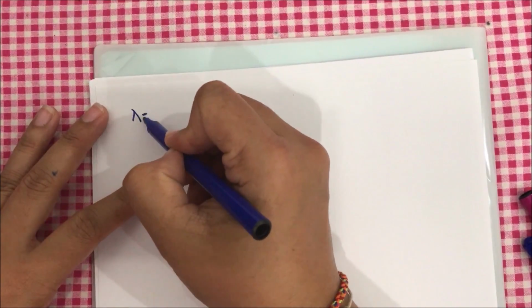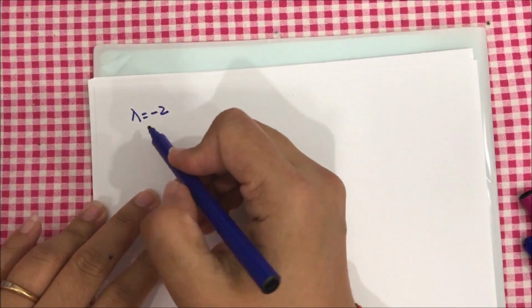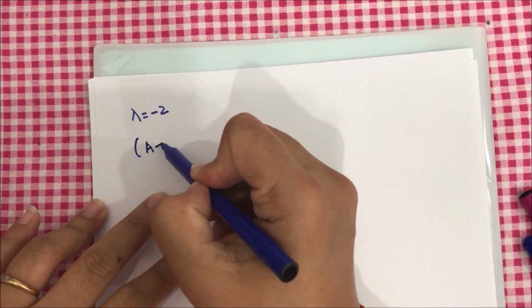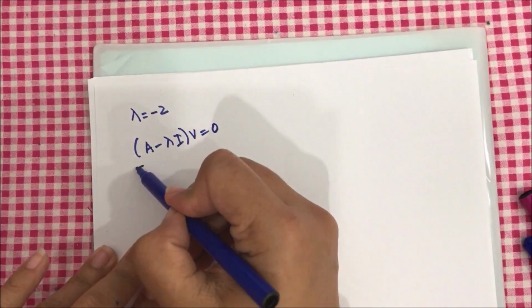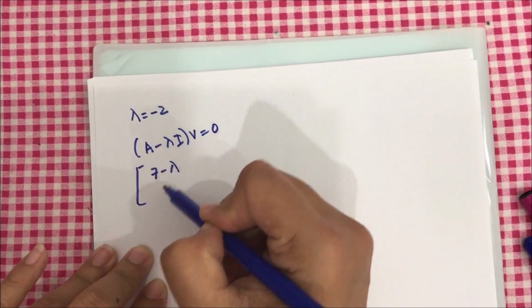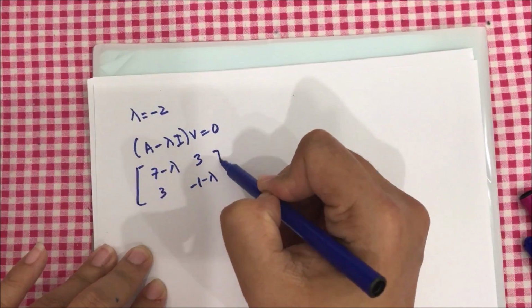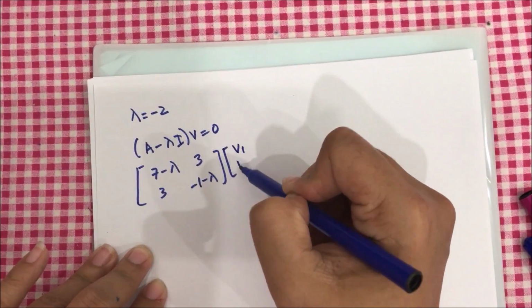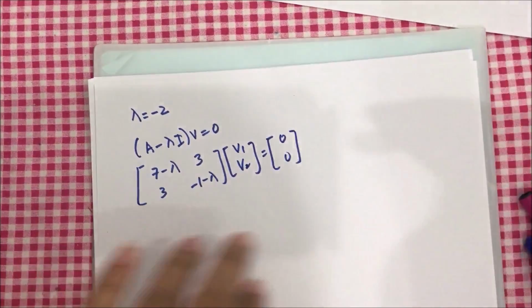For the eigenvalue -2, the same method: 7 minus lambda, 3, 3, 1 minus lambda, times v1, v2 will be equal to 0, 0.